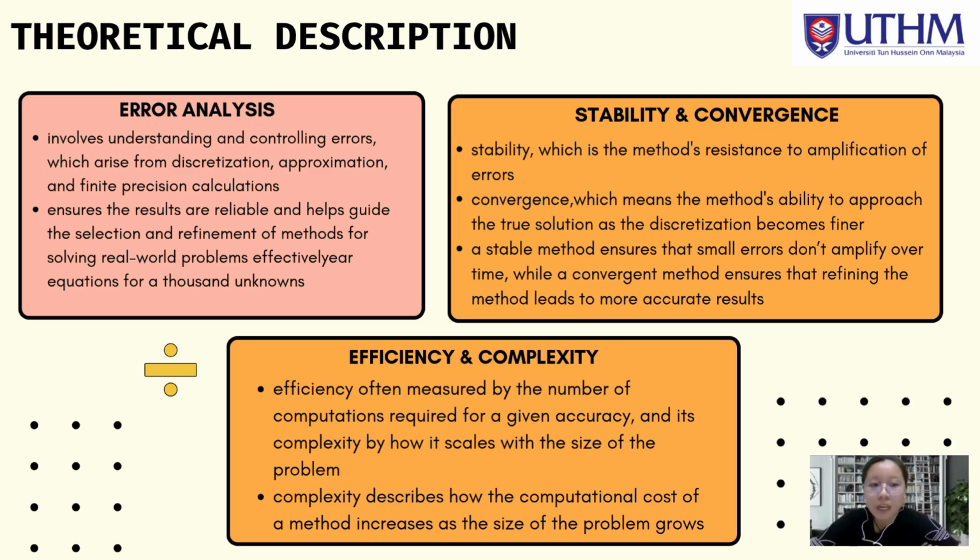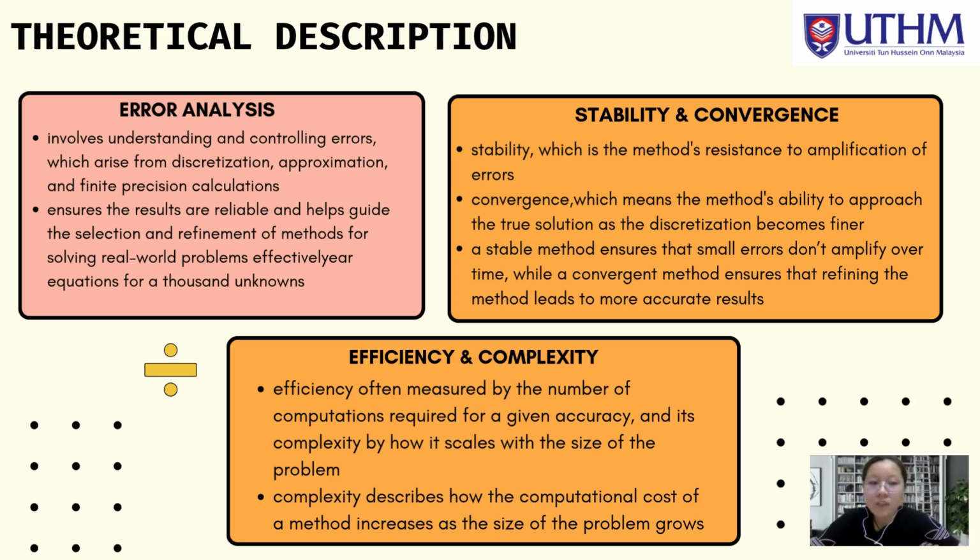A convergent method guarantees that, in theory, you can achieve any desired level of accuracy by refining the step size. A stable method ensures that small errors don't amplify over time, while a convergent method ensures that refining the method leads to more accurate results.